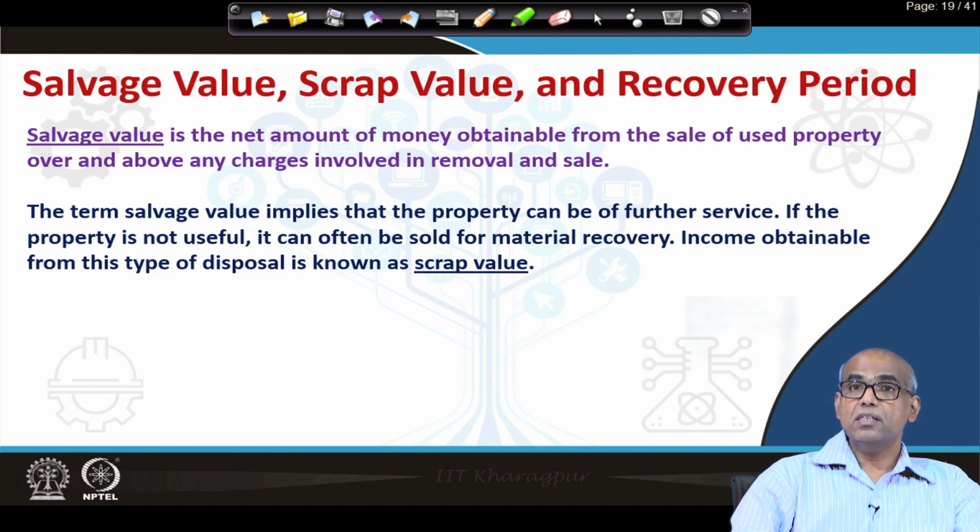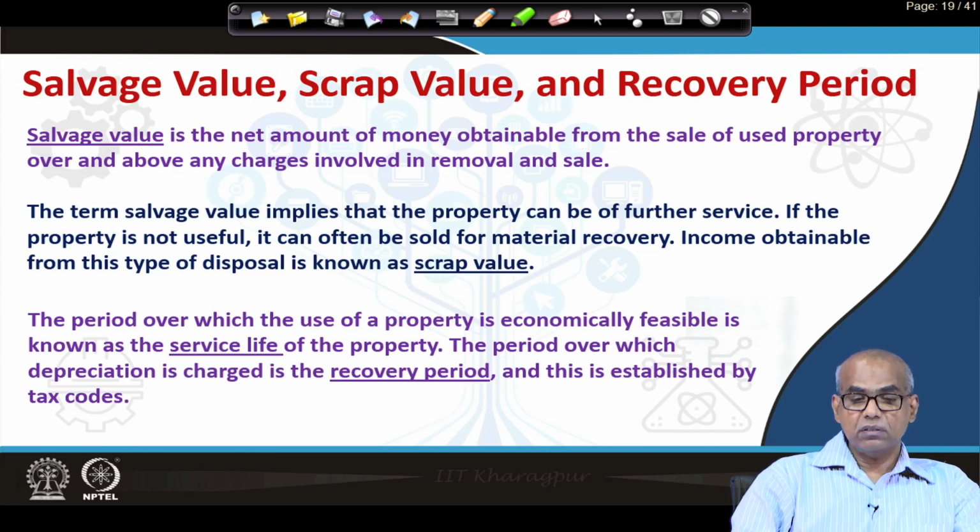If the property is not functional, if it is not useful, it can often be sold for material recovery. Income obtainable from this type of disposal is known as scrap value.